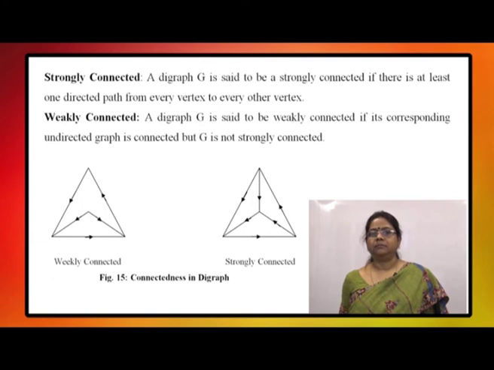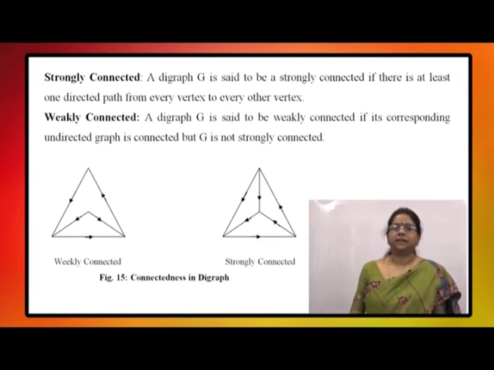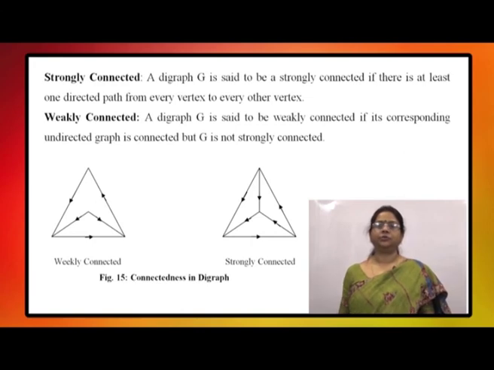But in the left side weakly connected graph, we can see that between some pair of vertices there is no directed path. But the underlying graph is a connected graph. It is obvious. So, it is a weakly connected graph, and the second one is a strongly connected graph. We can define the connectedness in digraph in these two ways.